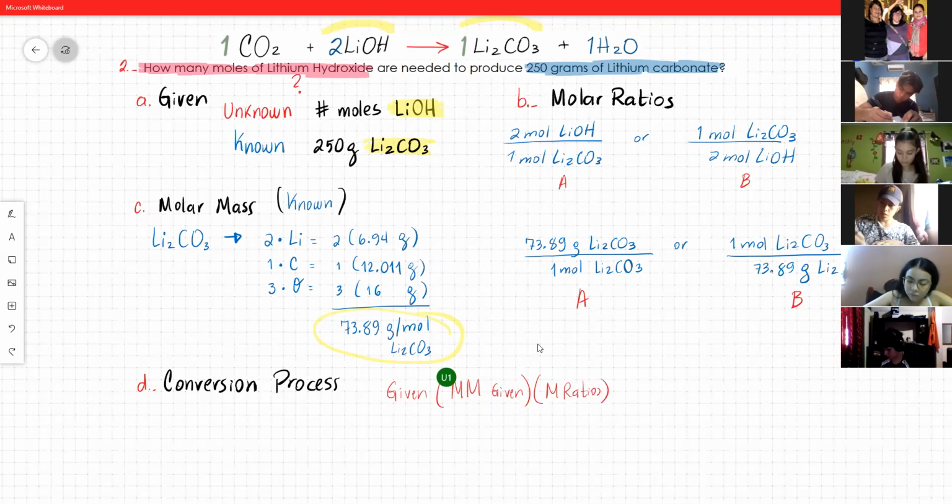Remember, that's the way to memorize it. So you'll begin with the given, and the given is 250 grams of liquid.